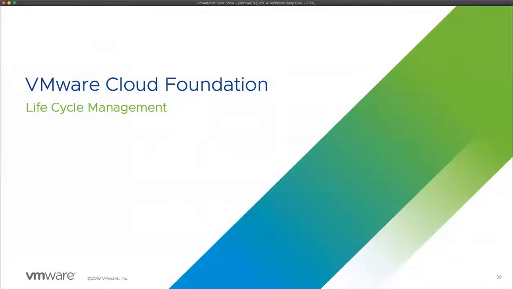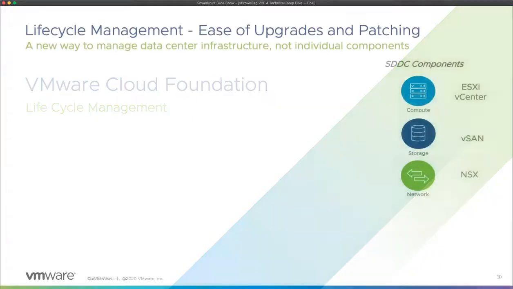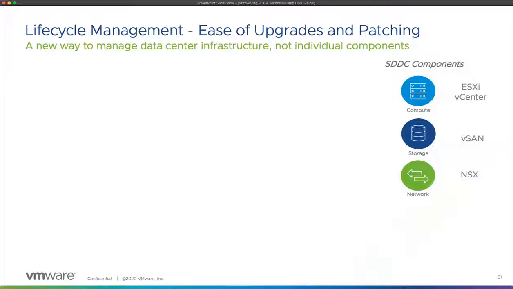So as we continue on, some of the new lifecycle management capabilities. Now, all of these aren't necessarily new. We'll get to one that is in a little bit here. So the common ask from our customers is, I need a way to manage my infrastructure.